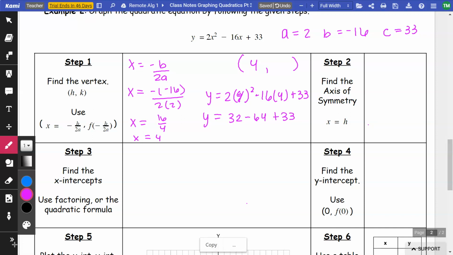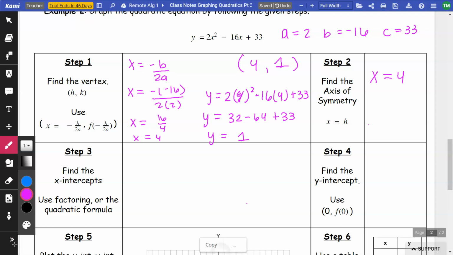So 32 plus 33 would be 65. 65 minus 64 would be 1. So our vertex should be at 4, 1. Step 2, the axis of symmetry is just x equals 4, that x value in our vertex.